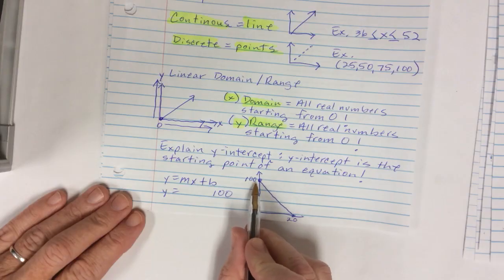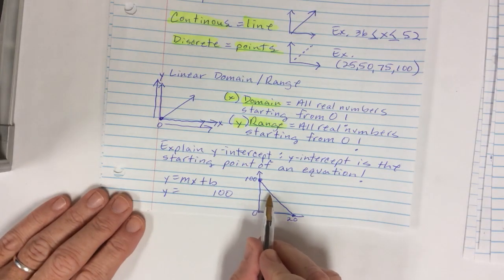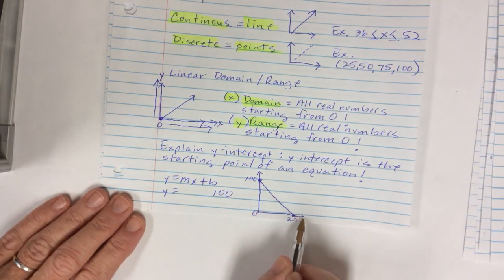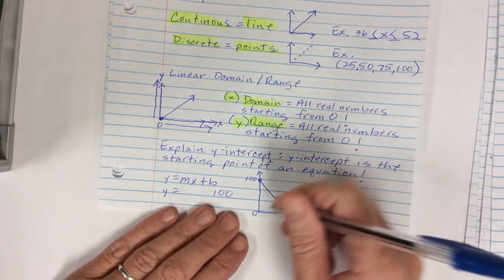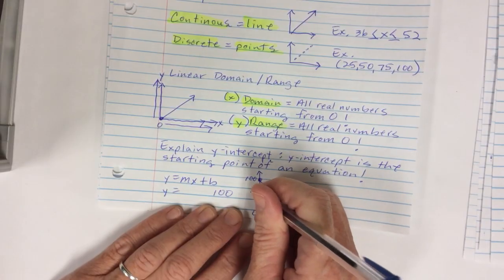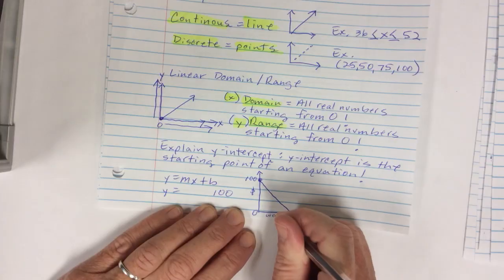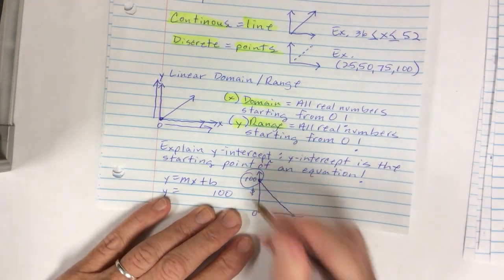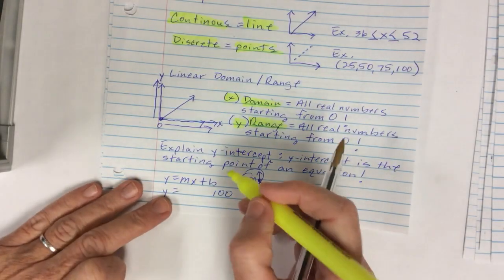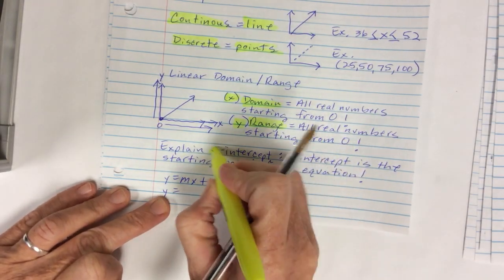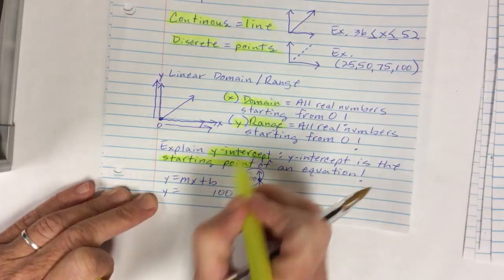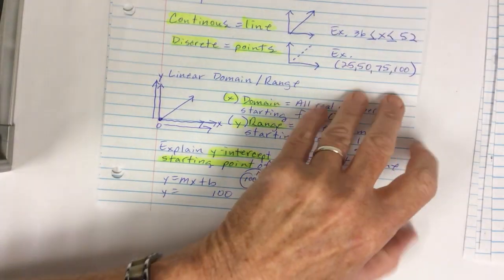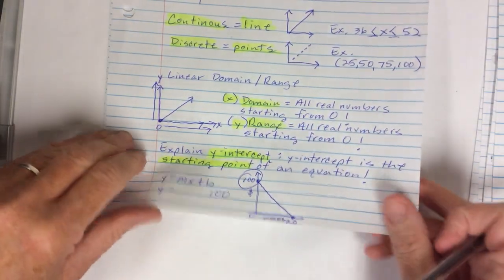So we know you start with $100 and you keep spending and when there's 0 weeks left, you have $20. So this is your money. This is your weeks. Starting point. The y-intercept is the starting point. Okay, next page.